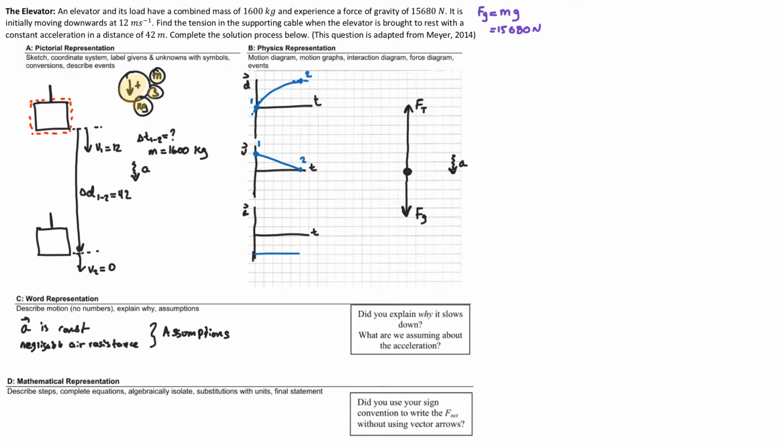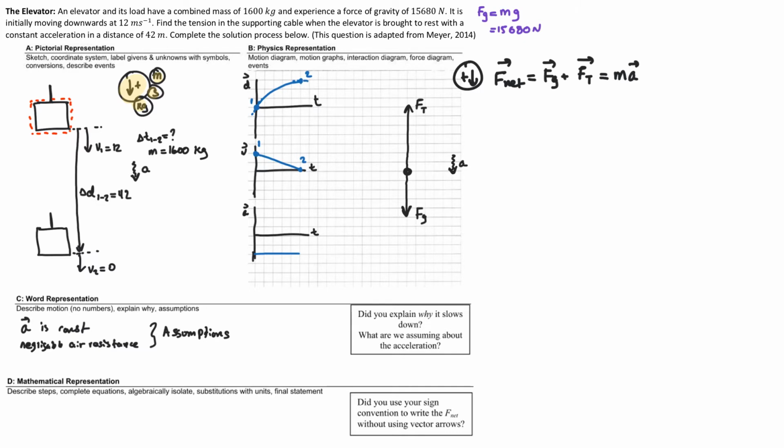So in our case, the net force acting on our object, I'm going to take down to be positive, is going to equal the gravitational force plus the tension force. Now, this is also going to equal the mass of the object multiplied by its acceleration.